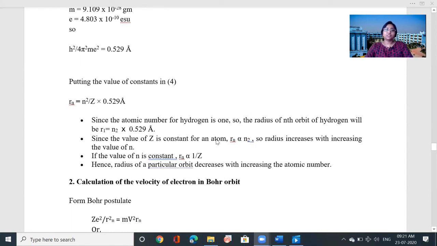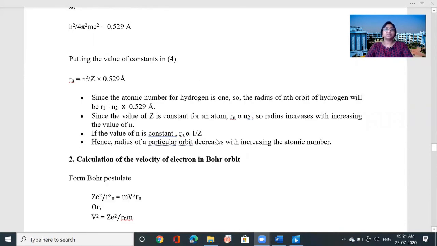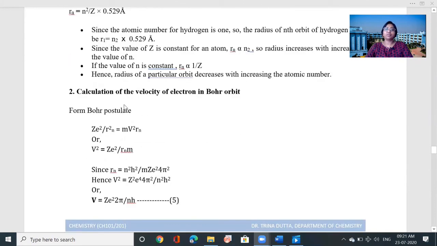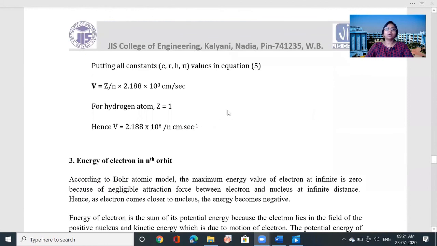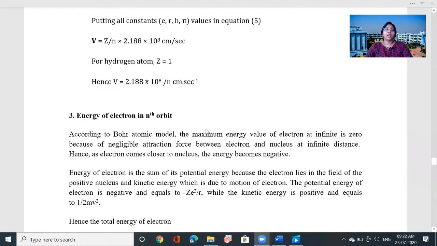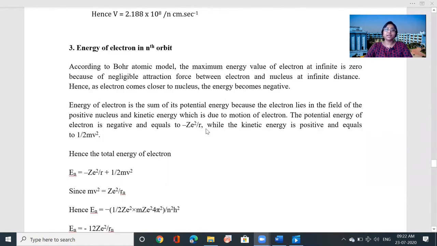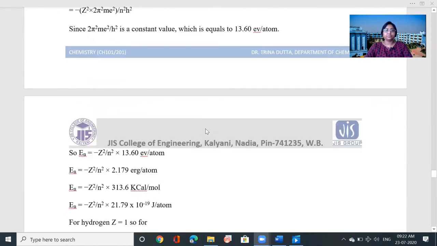In this way, not only for radius, you can calculate the velocity for hydrogen. It is also shown here how we can calculate the velocity of hydrogen, and also you can calculate the energy of the electron.